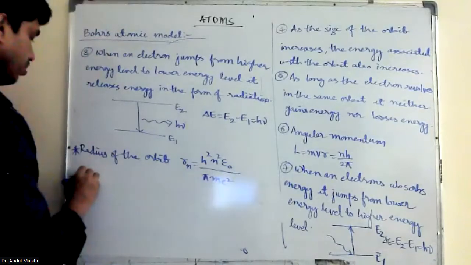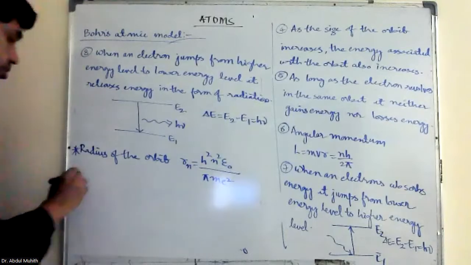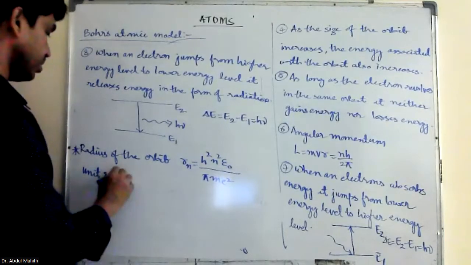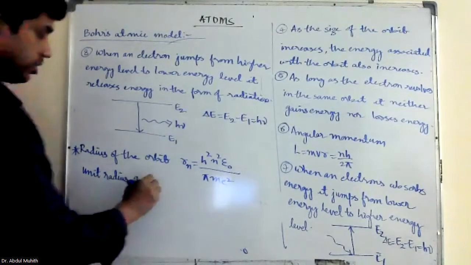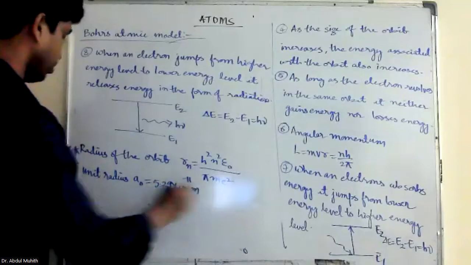Here we have unit radius. It means the first orbit radius, that is A0, which is equal to 5.29 into 10 to the power of minus 11 meters.